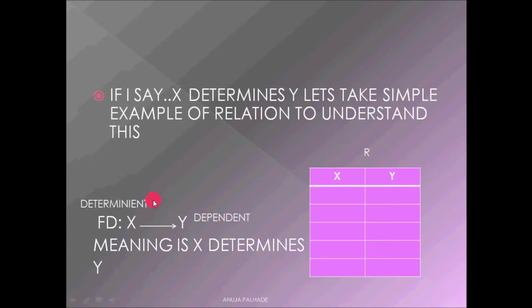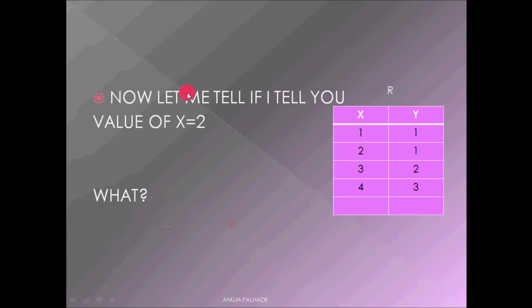Now, if I tell you x is equal to 2, what is y? How are you going to look up the relation this time? Obviously, you are searching for 2 in x and you are telling me y is equal to 1.